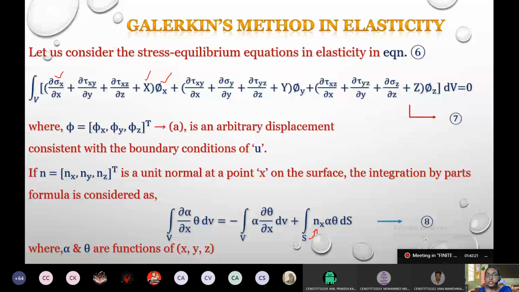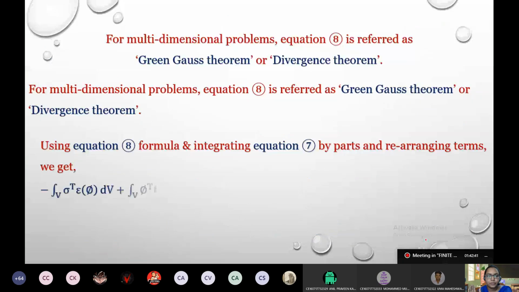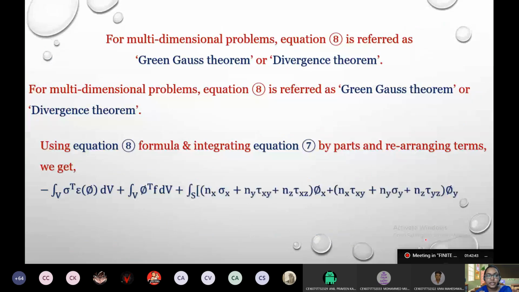If you see from unit 1, we have all these equations available for us. We are just taking those equations and substituting them into Galerkin's method for elasticity. Simple. Now see, we are using the Green-Gauss theorem and integrating equation number 7 and rearranging the terms, and then we get this equation.